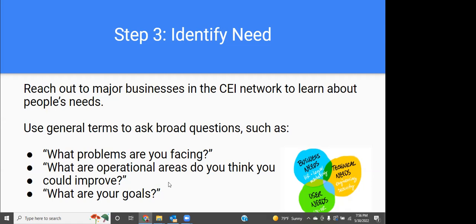What investments do you plan on making to upgrade the mechanical capacity in the future? You just start asking about goals. You can identify ways to reach those goals that your technology can help with, and the same things about ways that you can find that your technology can help solve problems, and ways that you can find that your technology can help with improving different operational areas.